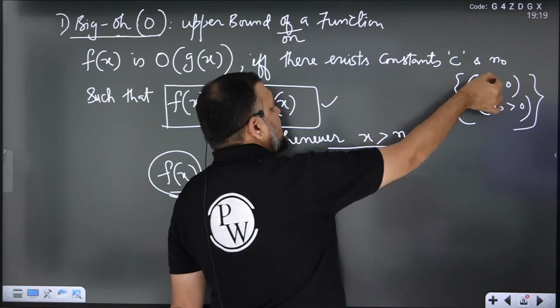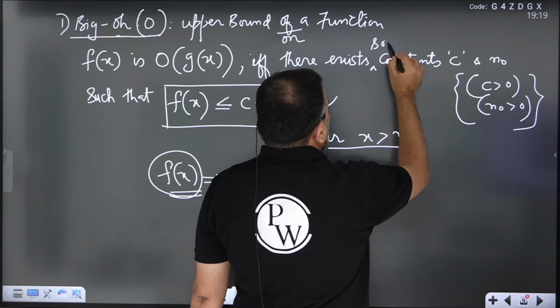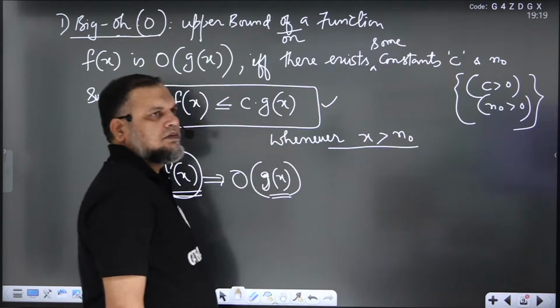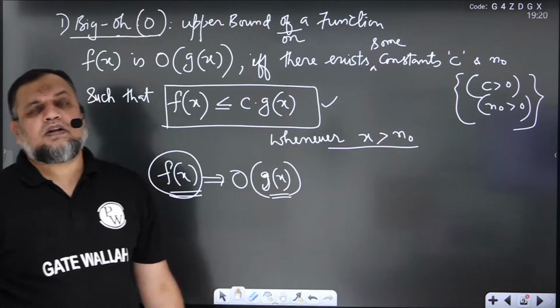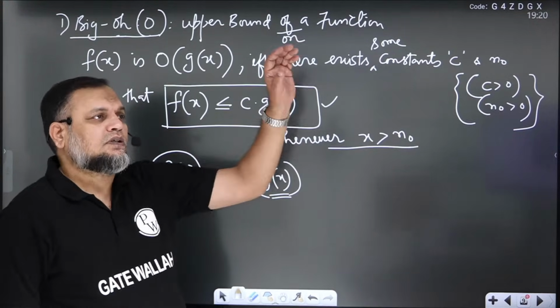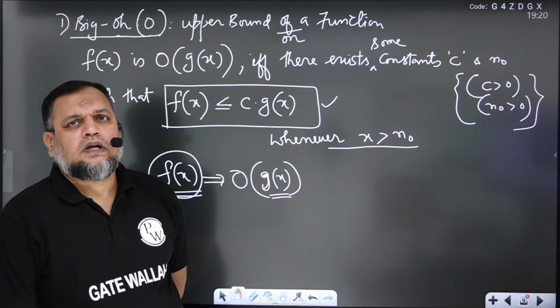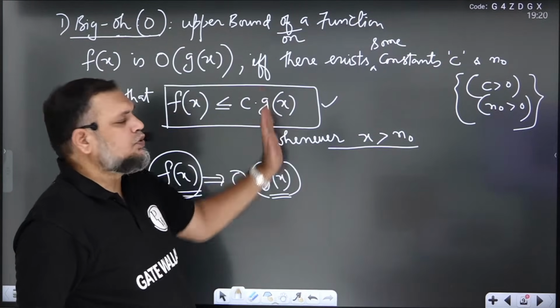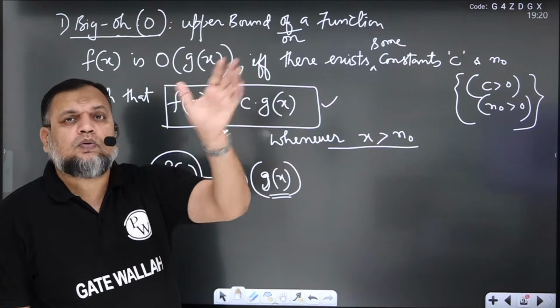That there exist some constants such that this inequality is satisfied under these circumstances. Whenever x is greater than n naught onwards to infinity, if you are able to prove this, then definitely I say that f of x is order of g of x. Sometimes people write f of x belongs to g of x. तो मतलब ये g of x की जो term है, this is a set, you can have a set of functions.